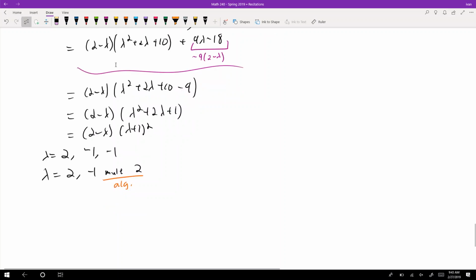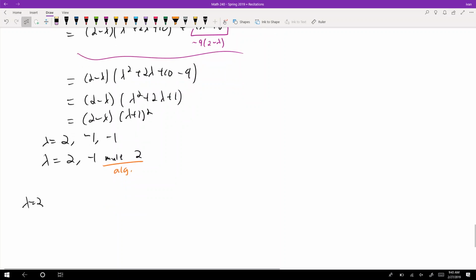Okay, so now let's find the eigenvectors. Lambda equals 2. A minus 2I is negative 6, 3, 3, negative 3, 0, 3, negative 3, 3, 0. Okay, so what's the algebraic multiplicity of 2?